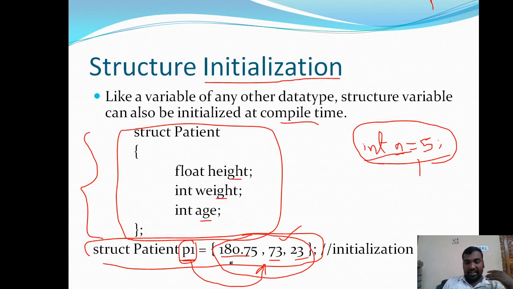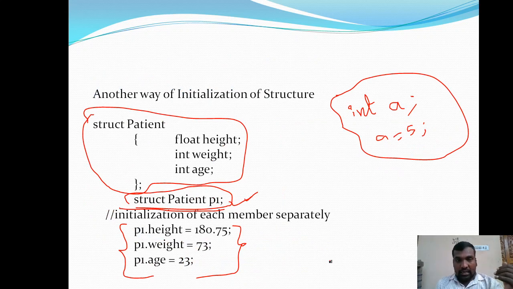Here at a time all the members are assigned with the values. Okay, are you getting the point? So you can use any one of these, and my suggestion is to practice at least one program on after declaration and one program on at the time of declaration.